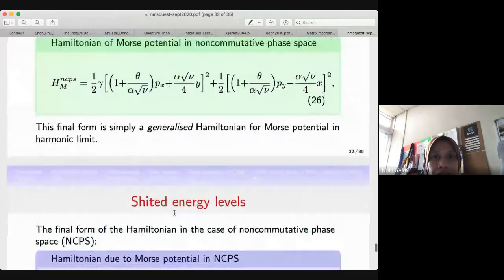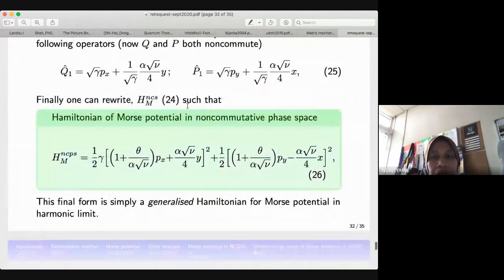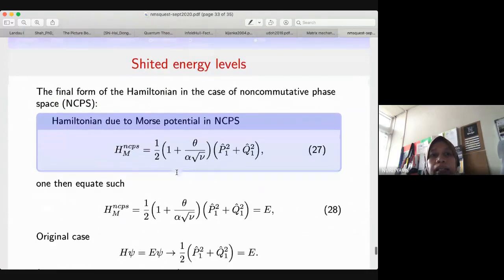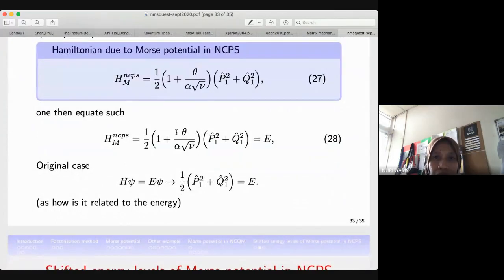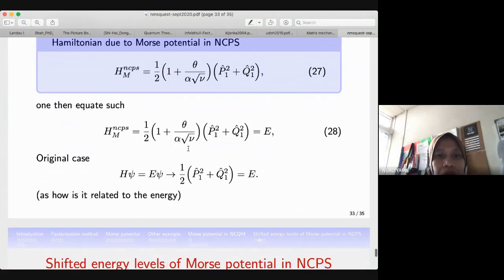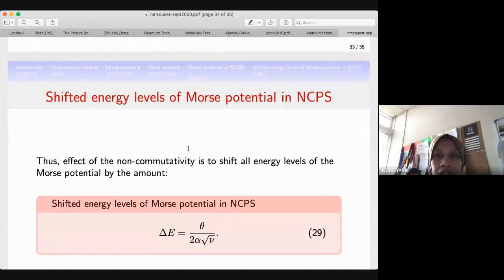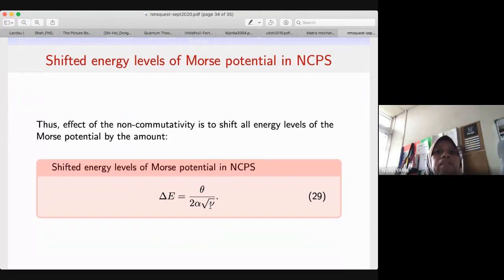If you write everything in terms of Q1 hat and P1 hat, you notice that there is some shift there. Once we equate, you notice that there are shifts of energy levels in terms of these terms, theta over 2 alpha multiplied with square root mu. These shifted energy levels correspond to Morse potentials in NCPS, non-commutative phase space. The effect or the shifted energy is given by equation 29.